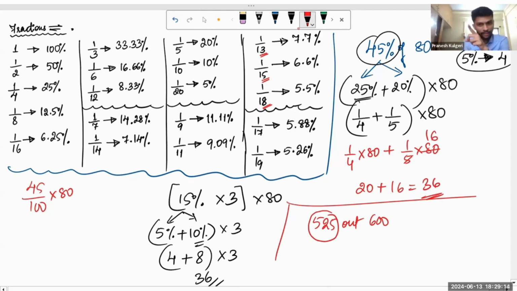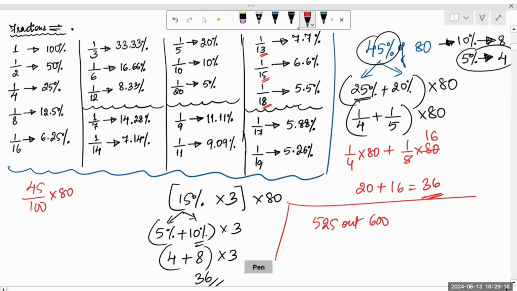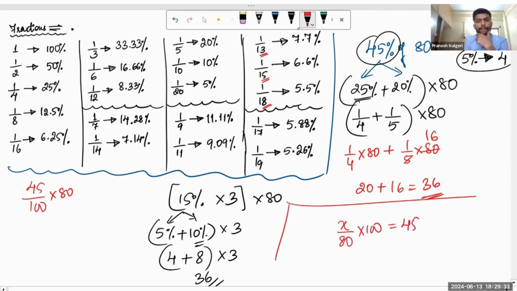But in this particular case, we can let X be equal to this number which we are finding here. We can do X divided by 80 multiplied by 100 is equal to 45. Correct. Again, it still is the same. Basically 45% is nothing but 45 by 100 into 80.